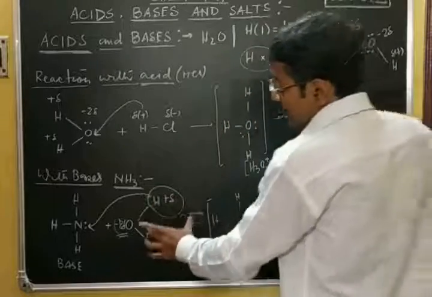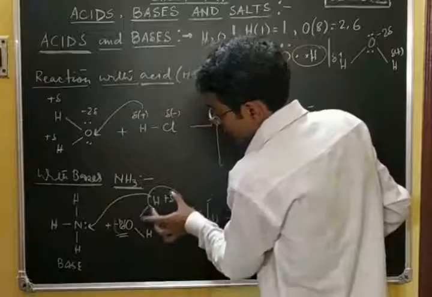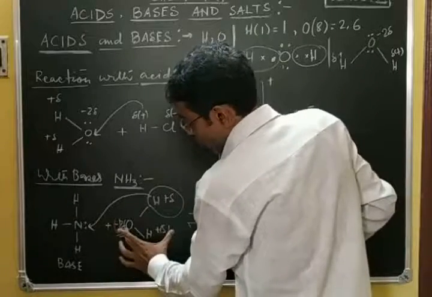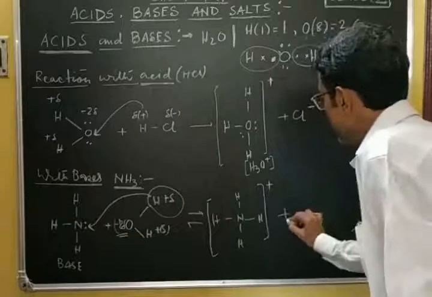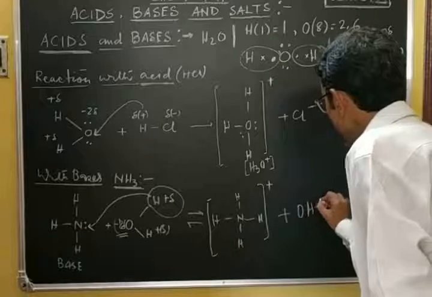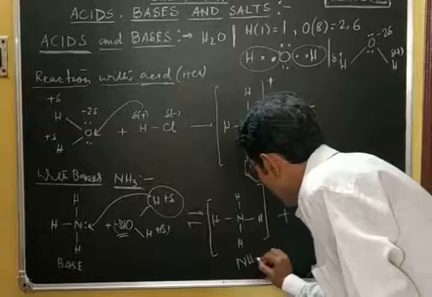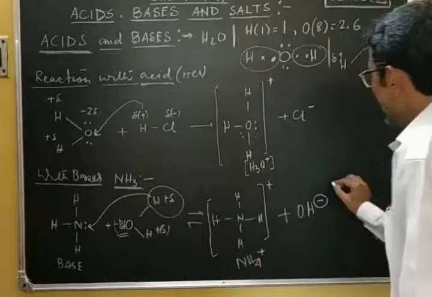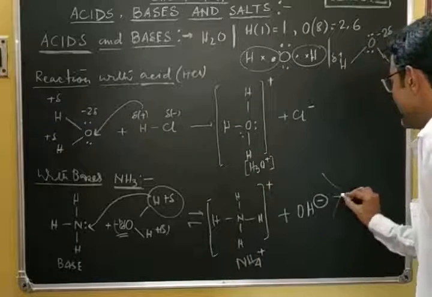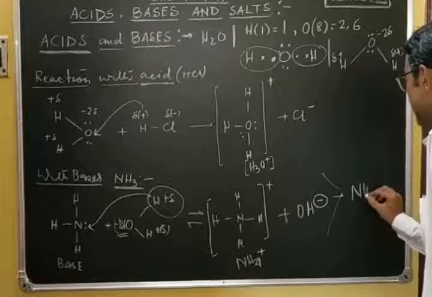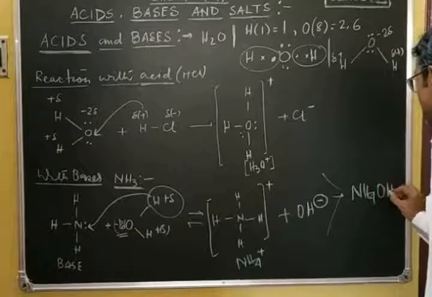Now see what is the rest portion. From this water molecule, this hydrogen is gone. So OH is the rest. So here you can clearly see the OH minus ion is formed. This is the ammonium ion, NH4, and this is nothing but ammonium hydroxide. You have learnt it in chemical bonding.